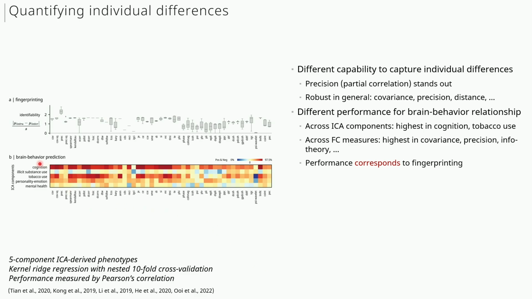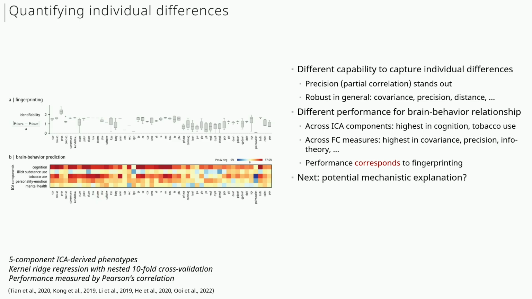Across these cognitive behavioral terms, we see the overall magnitude is consistent with previous reports with some noticeable outliers. It seems like pairwise interactions that perform well for individual fingerprinting might also tend to perform well for predicting cognition and behavior. This says it's quite important to select the appropriate FC measure for a specific task, such as this brain-behavior prediction here.